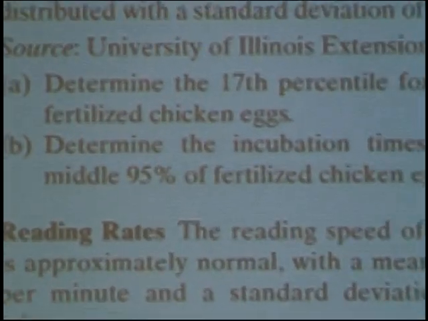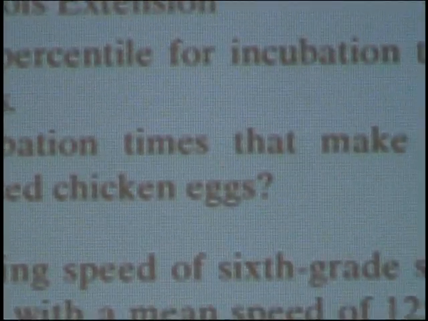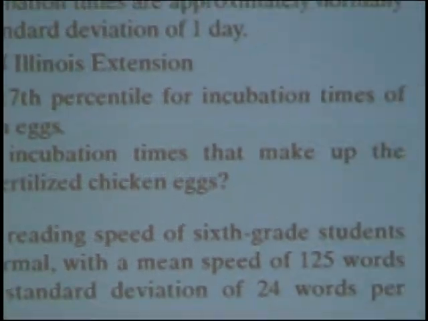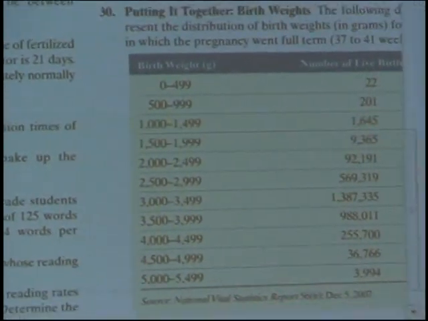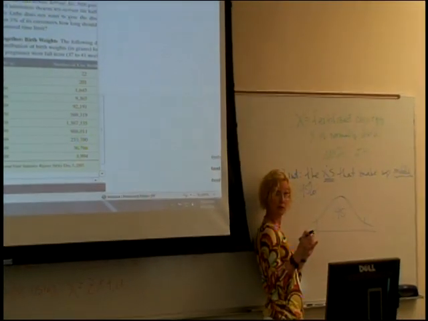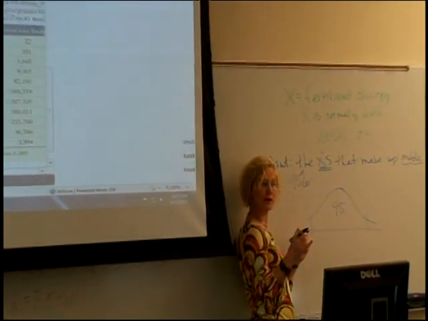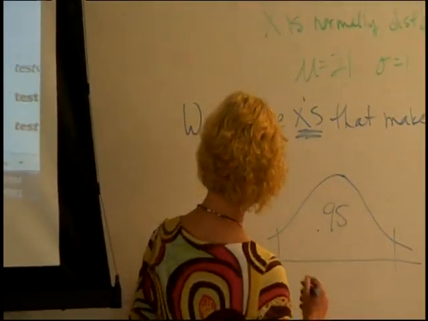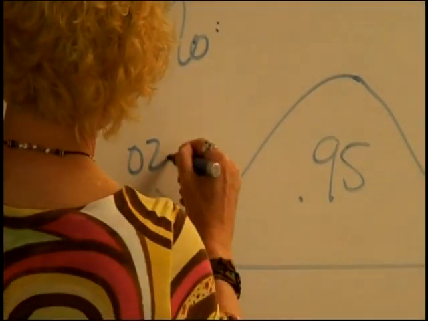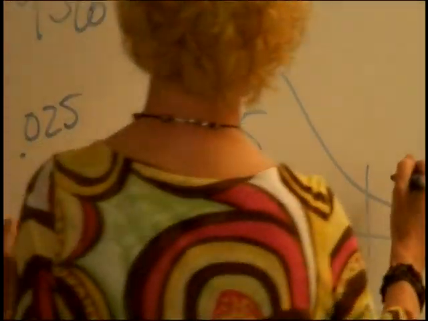So we've got our normal curve. And middle 95% means there would be equivalent area on each end, right? Which is, what, 0.025? Is that right? Subtract from 1, cut in half.